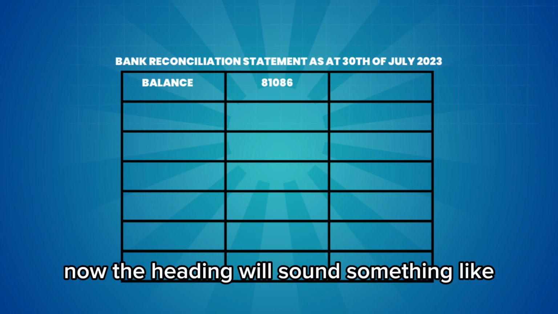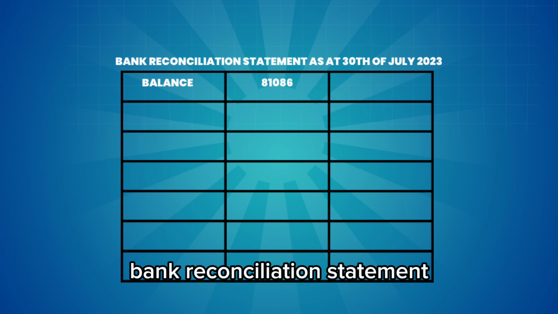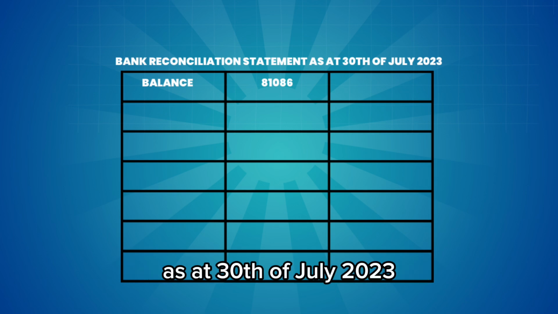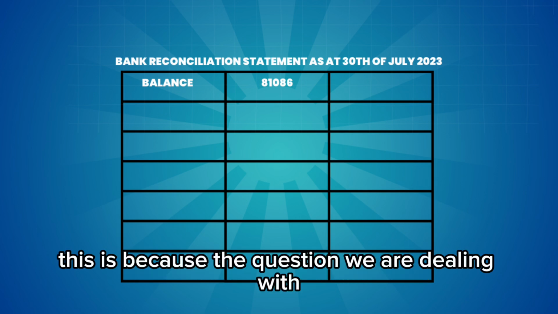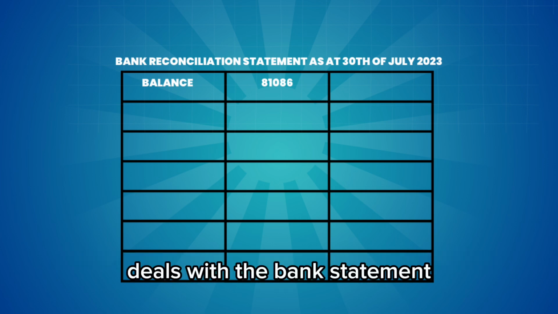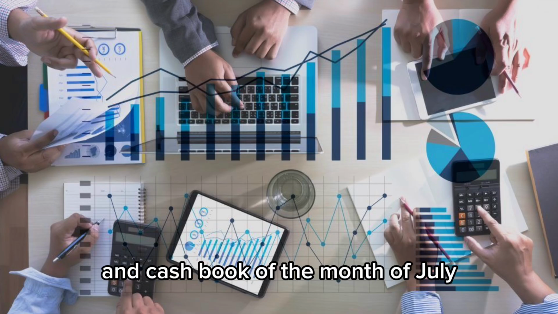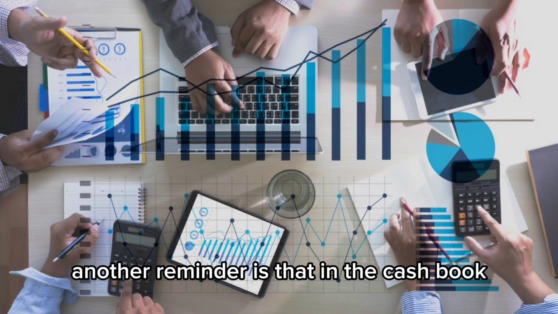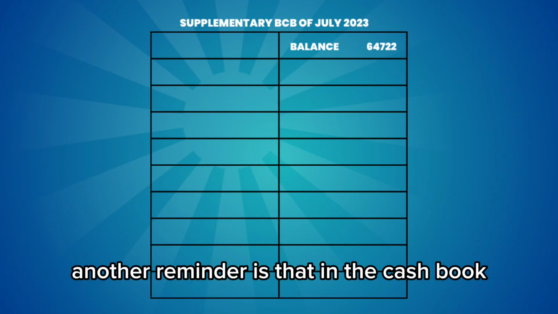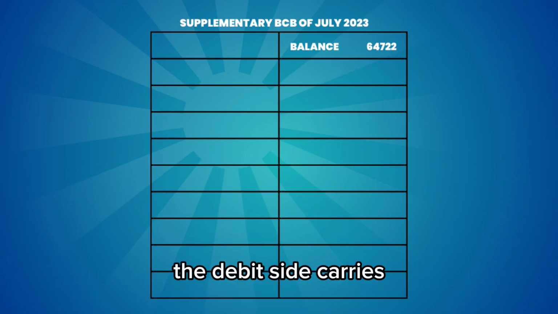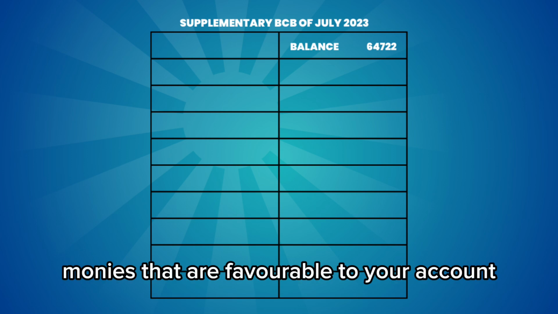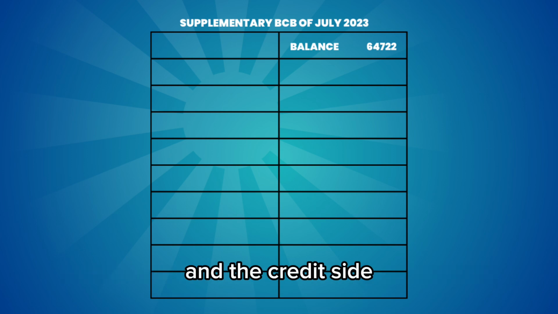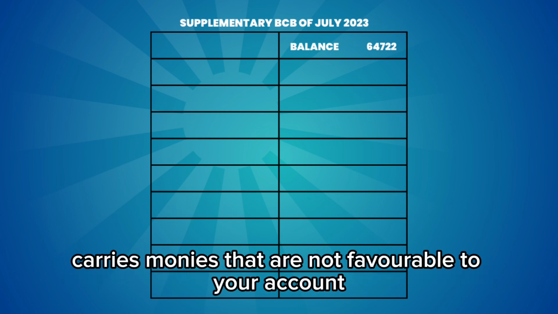Now the heading will sound something like bank reconciliation statement as at 30th of July 2023. This is because the question we are dealing with deals with the bank statement and cash book of the month of July. Another reminder is that in the cash book, the debit side carries monies that are favorable to your account, and the credit side carries monies that are not favorable to your account.